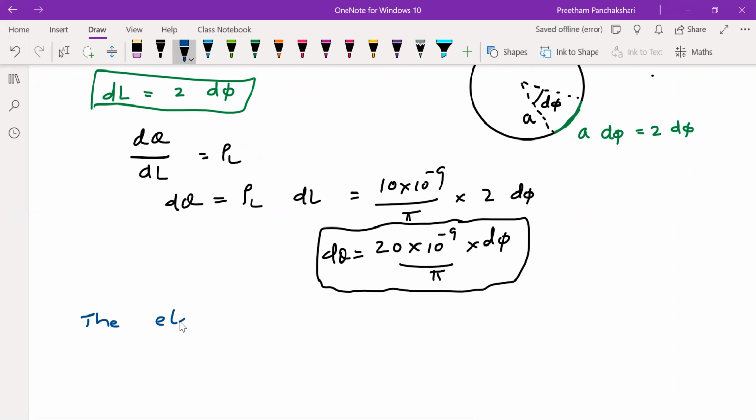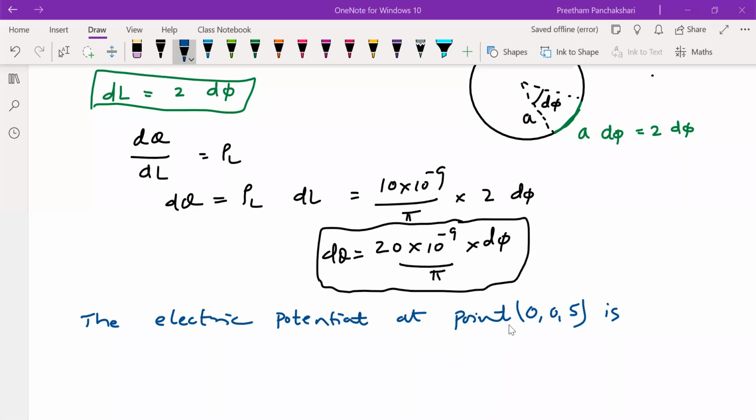The electric potential at point (0, 0, 5) is given by the equation dV.